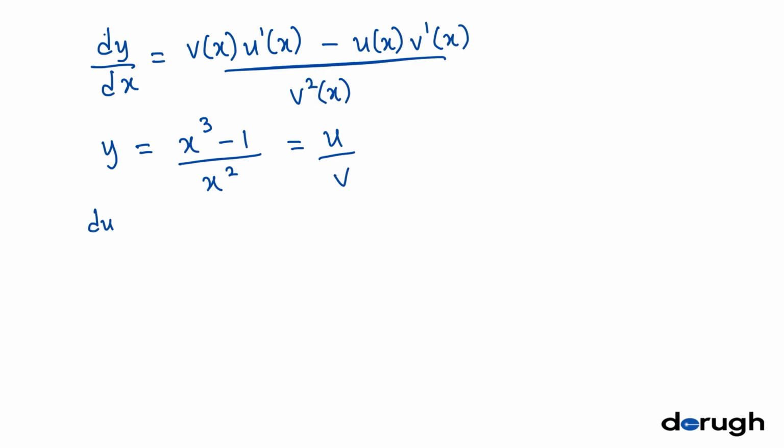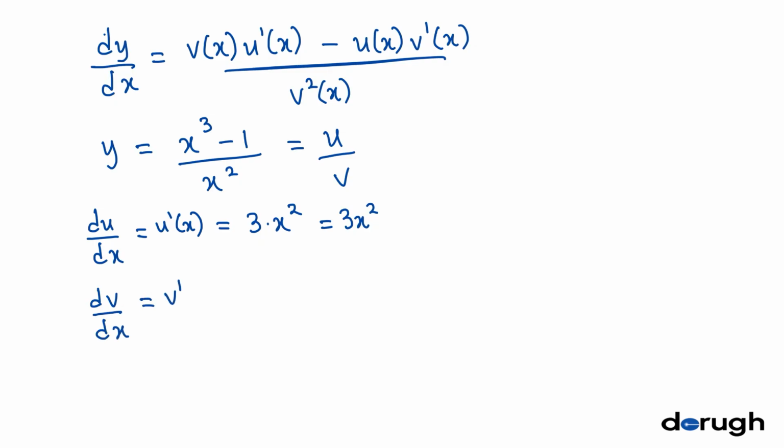Therefore, du dx, which is the same thing as u prime of x, will be equal to, bring down our 3 multiplied by x power 3 minus 1, which is 2, which is 3x squared, and dv dx, which is our v prime of x, will be equal to, bring down our 2 multiplied by x power 2 minus 1, which is 1. So at the end of the day, we have 2x.